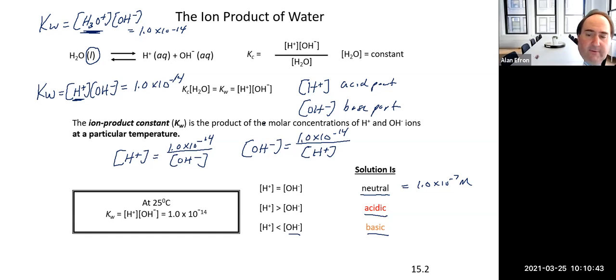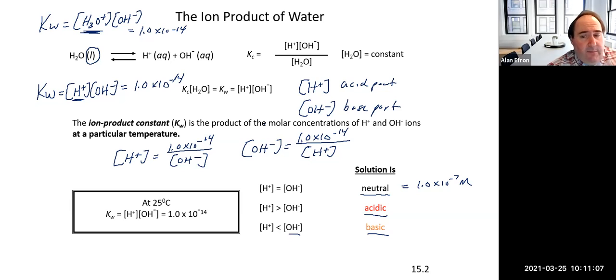Now, it's also important to remember, like I said before, for the most part you will always use 1 times 10 to the minus 14. Even if they don't give you the temperature in a problem, you could probably safely assume that it is 25 degrees Celsius. One side note is that it is an equilibrium constant value.